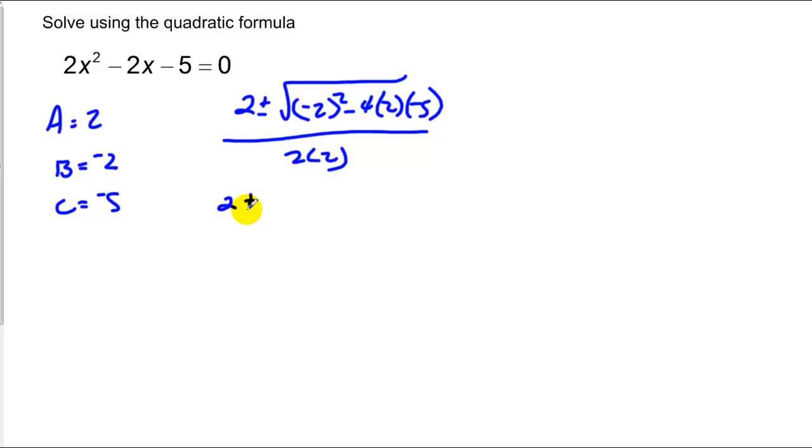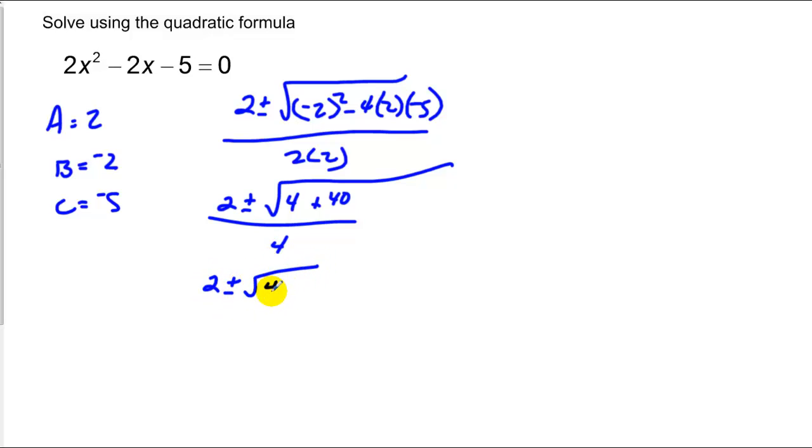That gives me 2 plus or minus the square root of 4 plus 40, all over 4. I have 2 plus or minus the square root of 44 over 4.